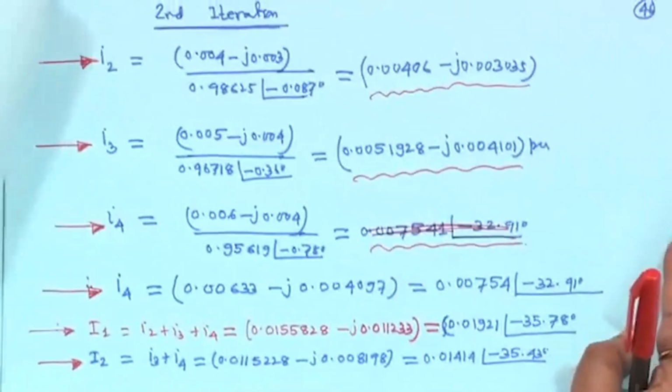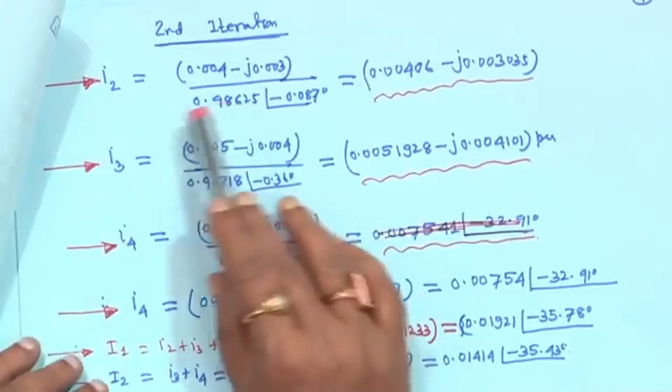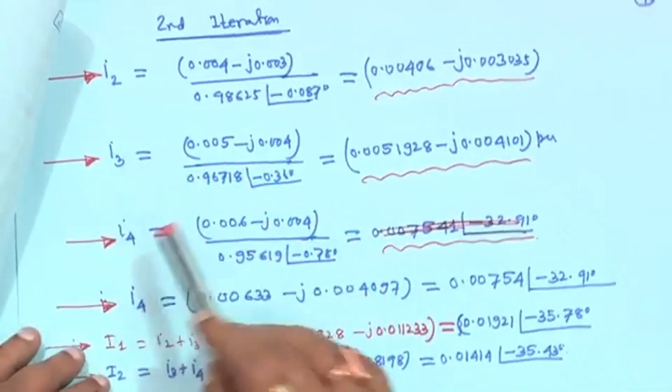Now, the second iteration starts here. With these new voltages, we calculate I2, I3 and I4.